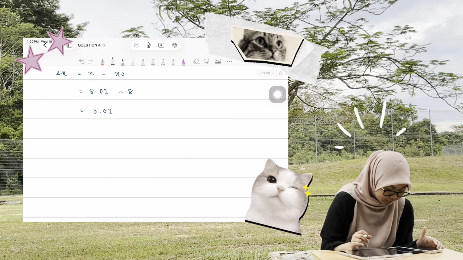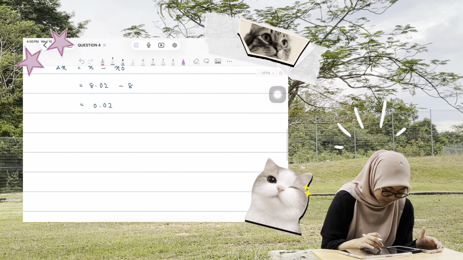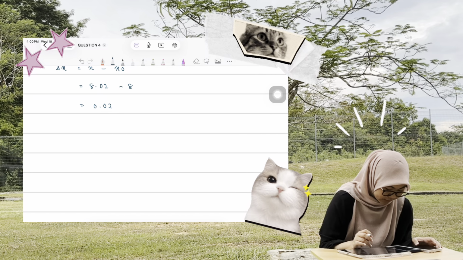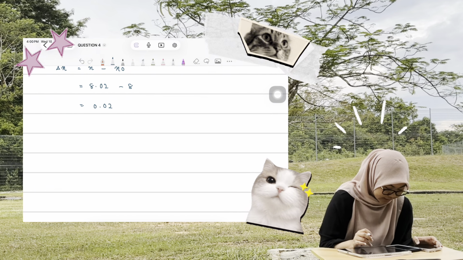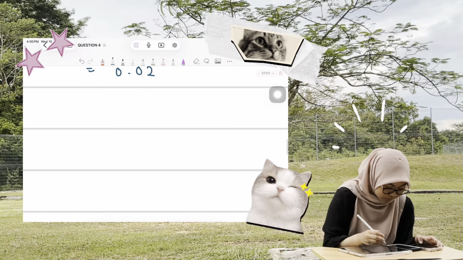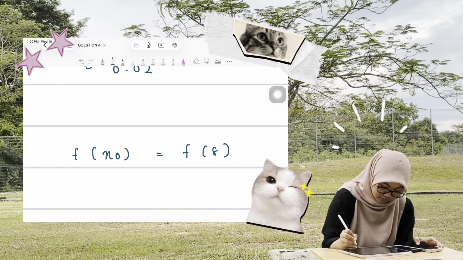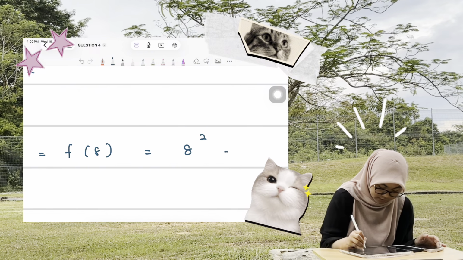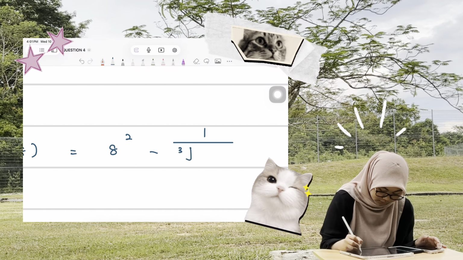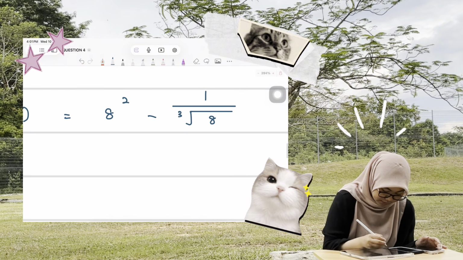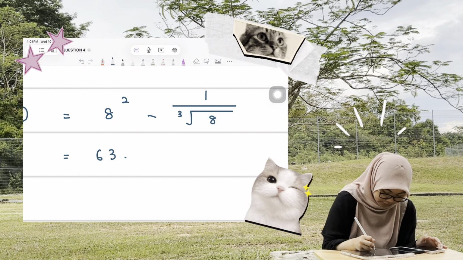For the third step, we evaluate the function at the base value. So we substitute our base value x naught equal to 8 into both the original function f(x) and the derivative f prime of x. We can write f(x naught) equal to f(8) equal to 8 squared minus 1 over the cube root of 8. We calculate and get 63.5.